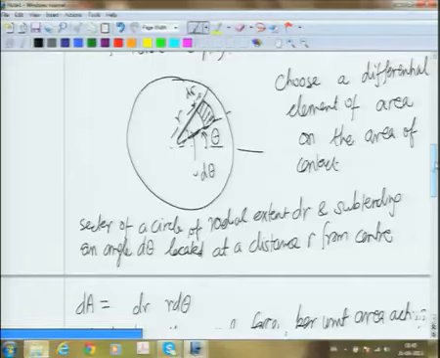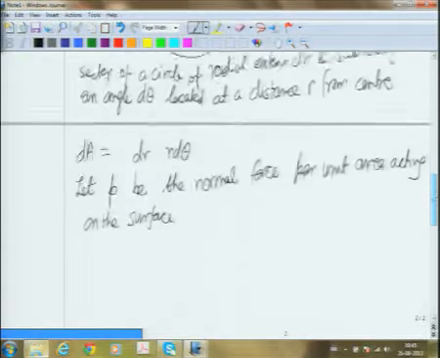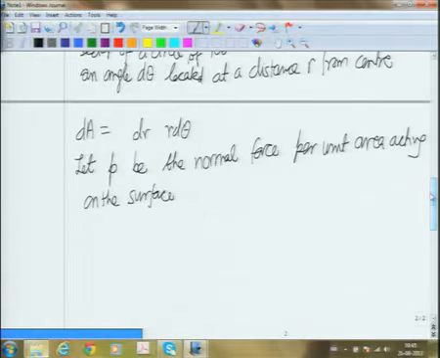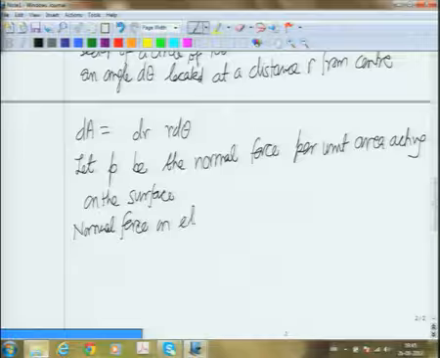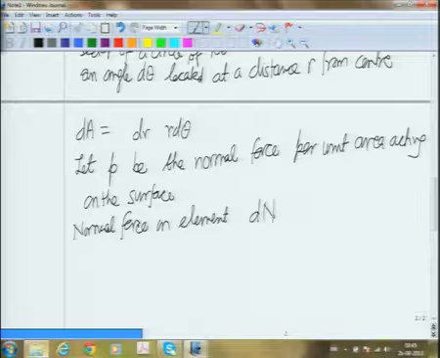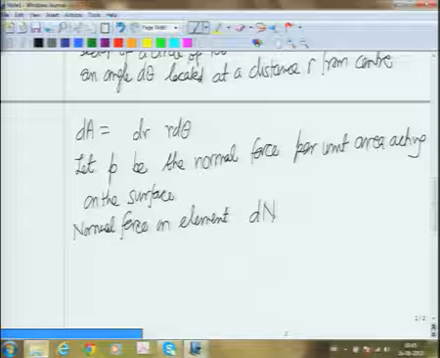Okay. So now the normal force on the element, let us write this as dn. Wherever I am using a symbol small d, it means it is referring to the differential element.